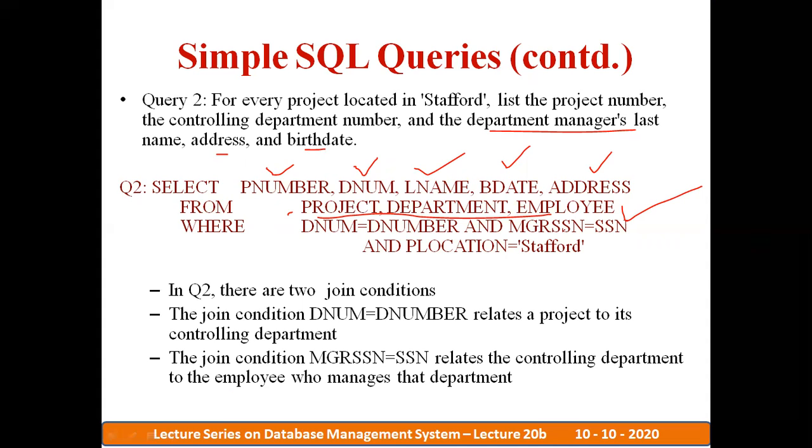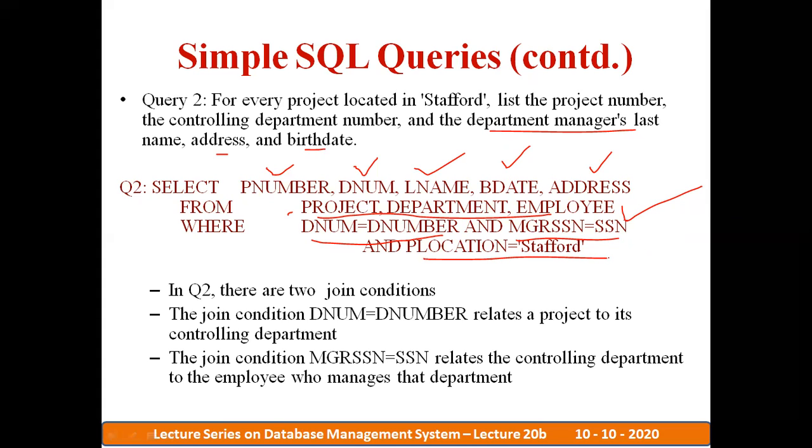So here in this case I am combining the project table and the department table by using the attribute dnum equals to d number, and I'm also combining the department with the employee by using manager SSN equals to SSN. I also want the P location equals to Stafford.